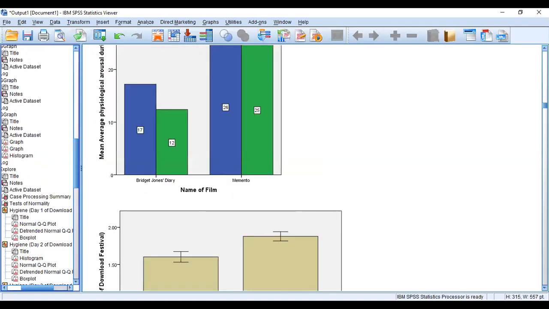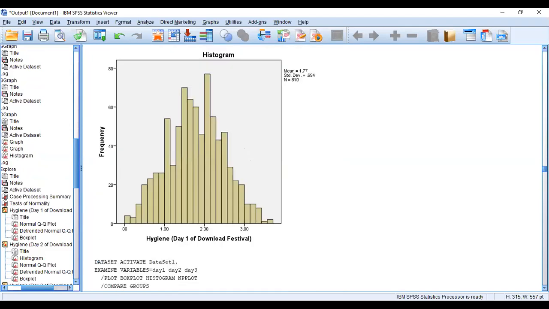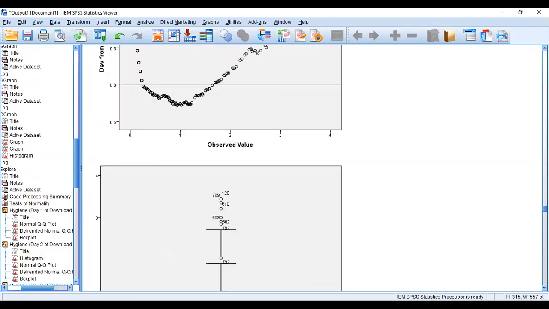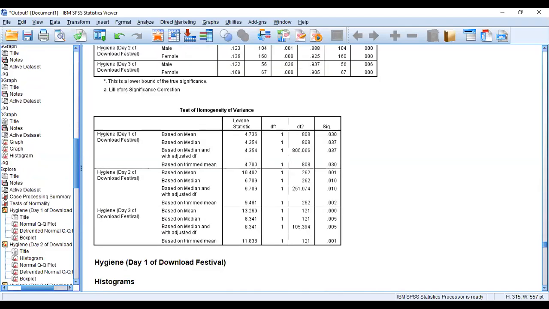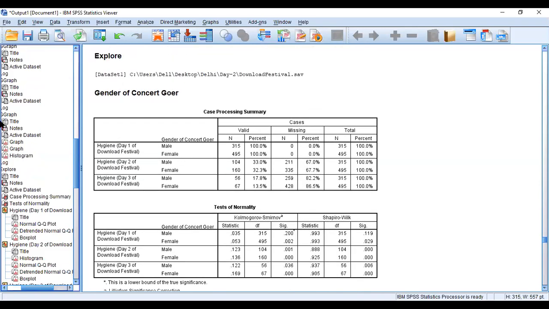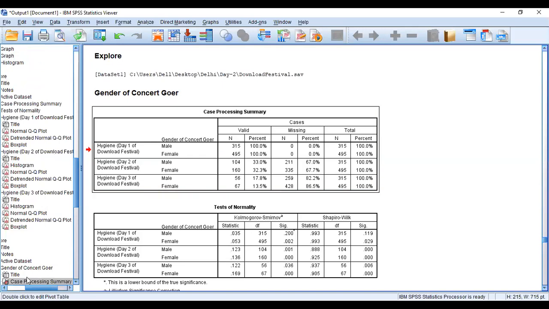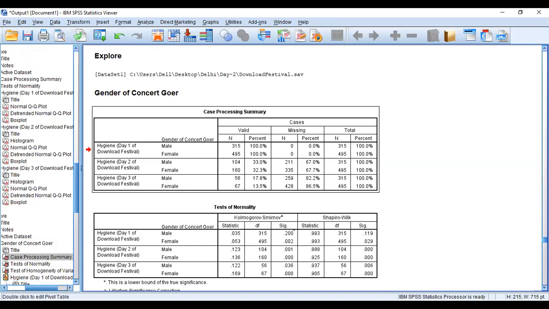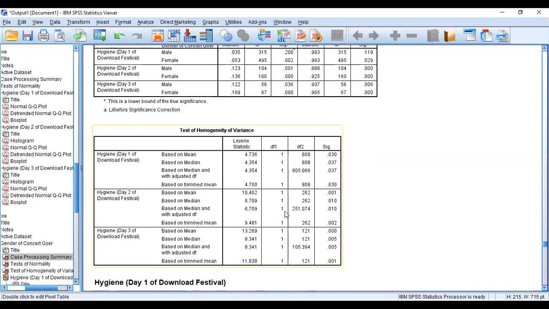And last, I will explain the homogeneity of the data. Okay. Now this is my data. I found the homogeneity of the data. How did I find the homogeneity of my data? This is my homogeneity test.